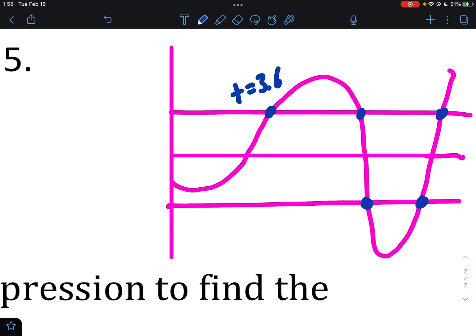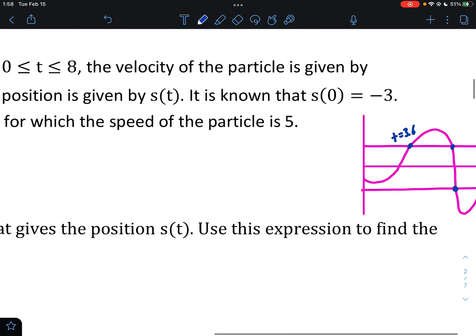So that is not in our interval, so that one does not count. All right, so let's do this again. Scroll over to the second one. And we get 5.621. That is an answer. So our first answer is about 5.621.